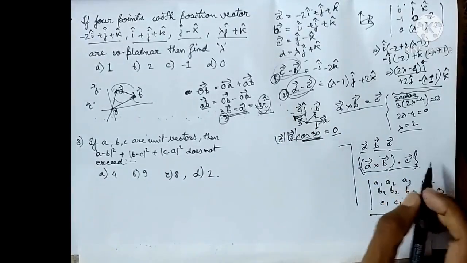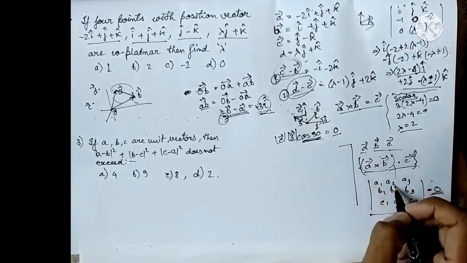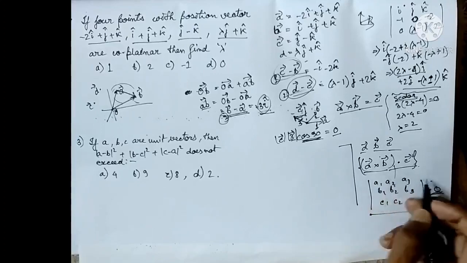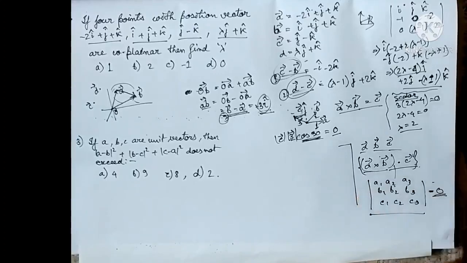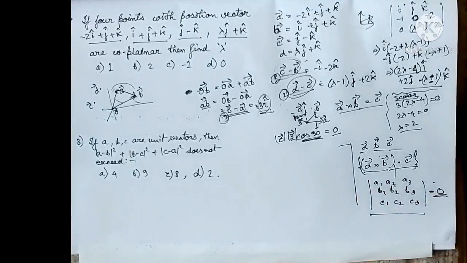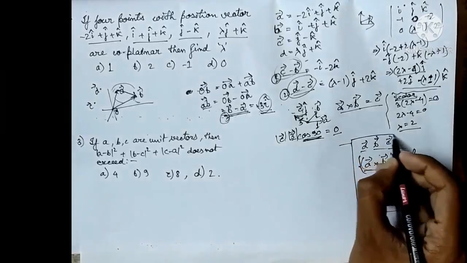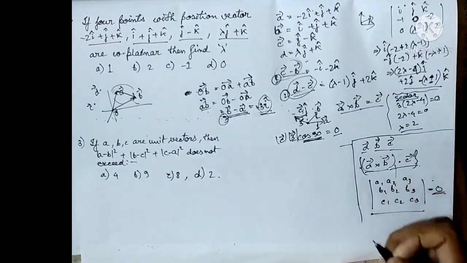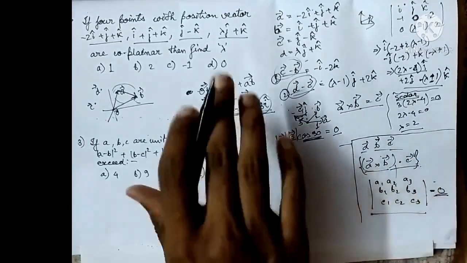So I am just saying that you can represent this one in this form, where a1, a2, a3 are the parts of a vector. This is just a shortcut method, you can say. It is just found out through the outcomes, but the main thing is this one.